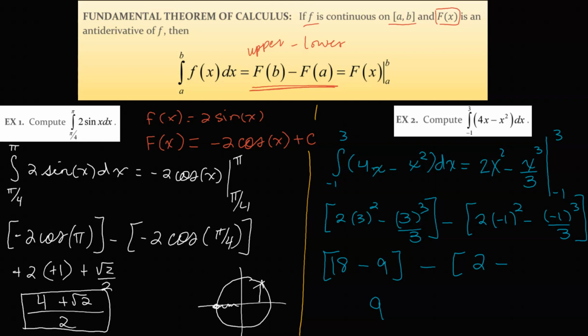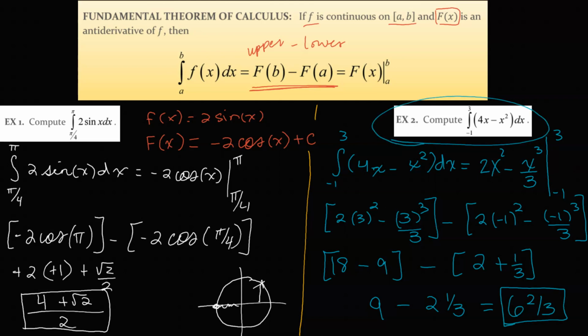Minus negative 1 to the third power is negative 1, and a minus in front makes it a plus 1/3. So you will have 9 minus 2 and a third, and 9 minus 2 is 7. So you will have 7 minus a third, which is 6 2/3. And that is the value of this integral right here.